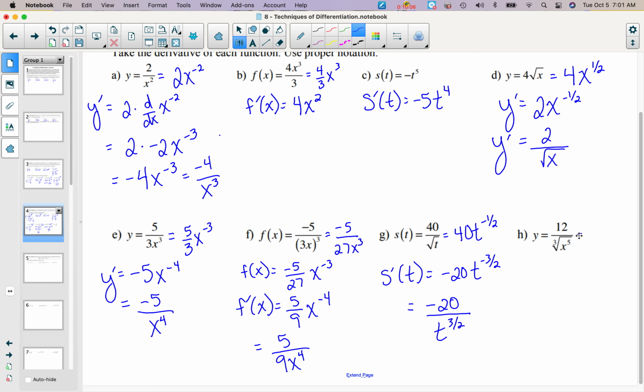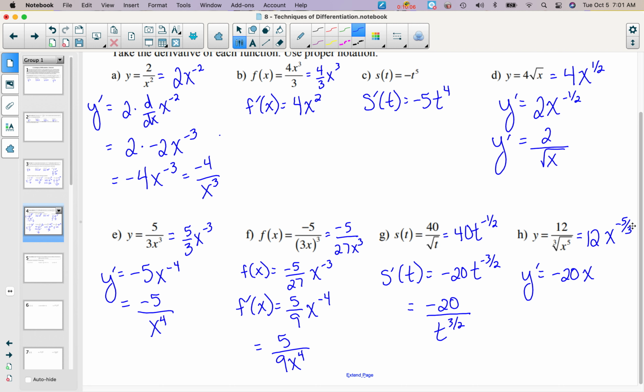And on this one, I'm going to have 12 times x to the -5/3. Remember, power on the top, root on the bottom. It's negative because it's in the denominator. So then you're going to multiply -5/3 times 12 to get the derivative. And when we do that, we're going to get -20.